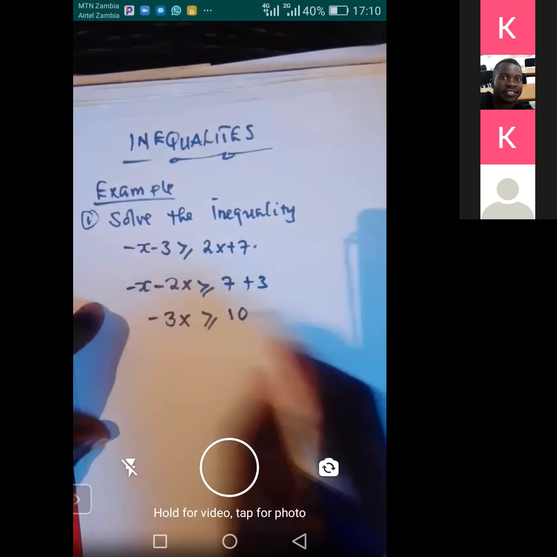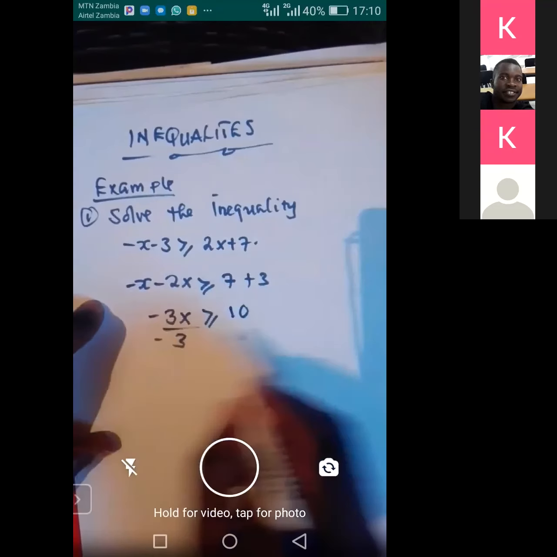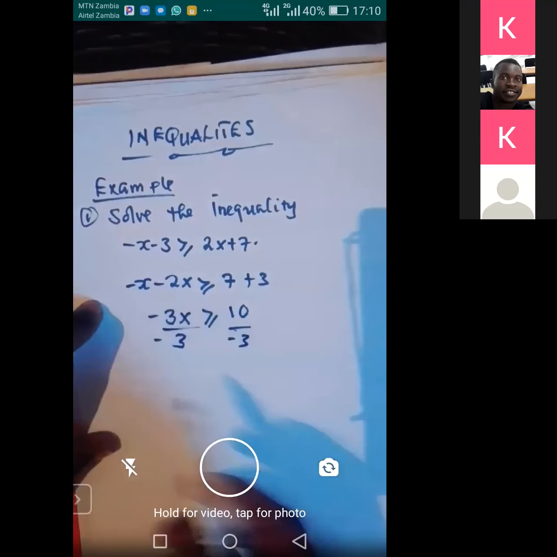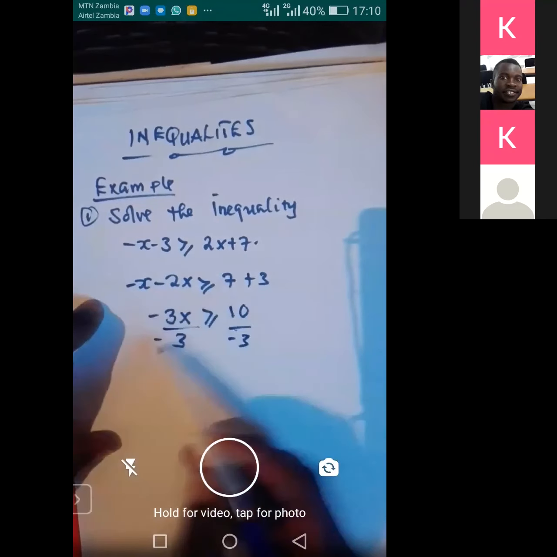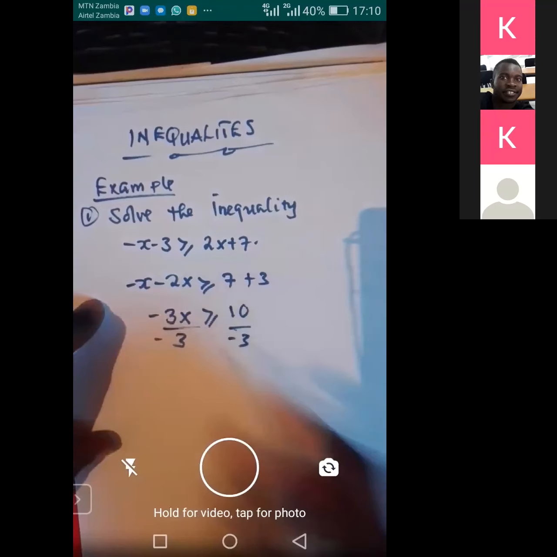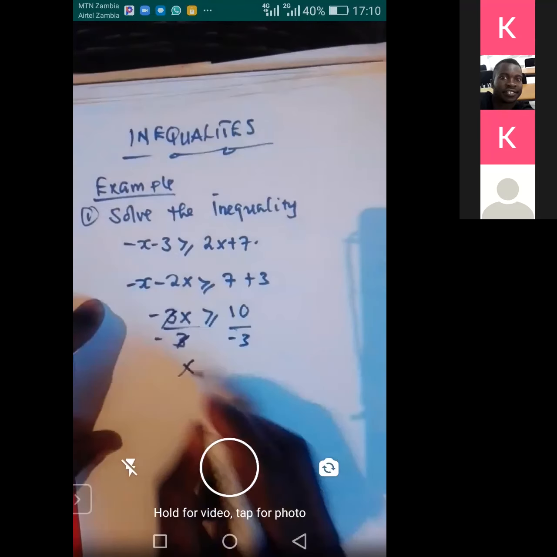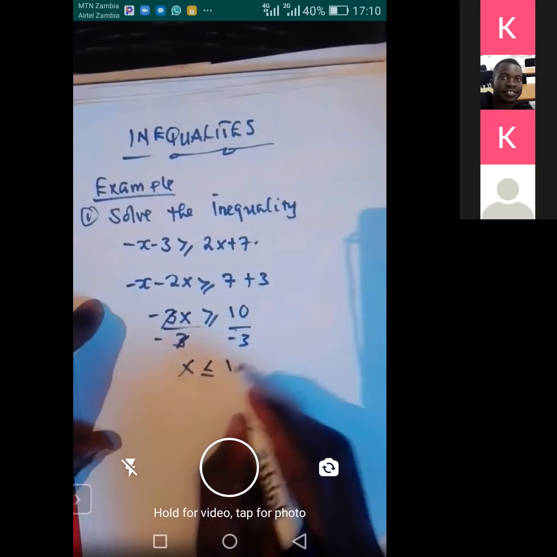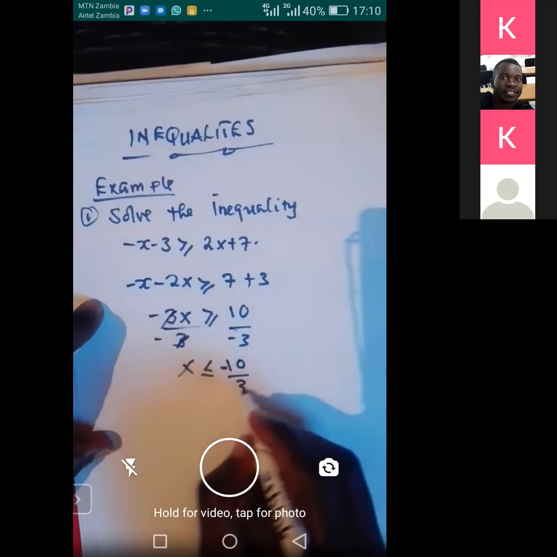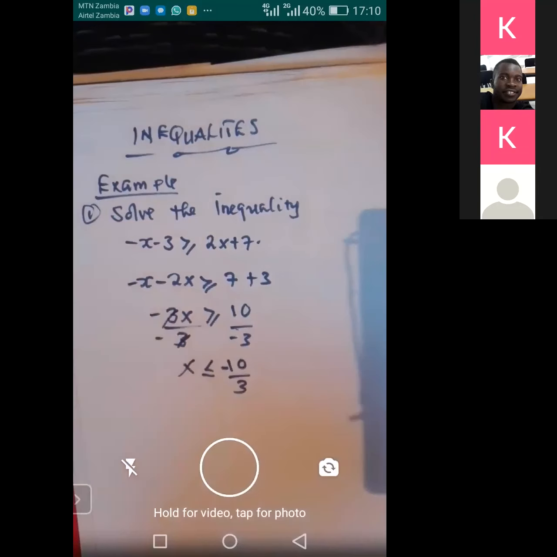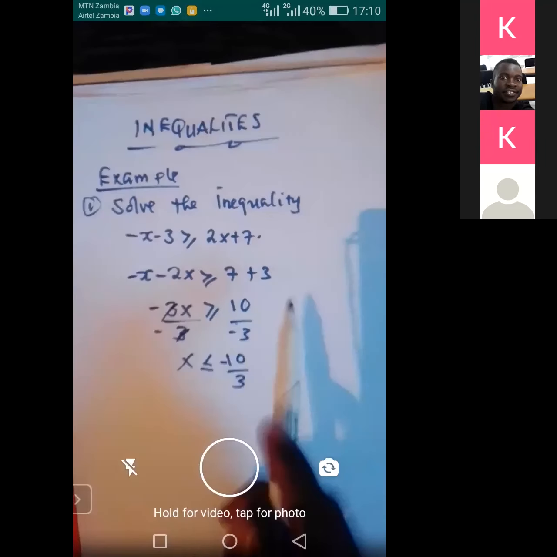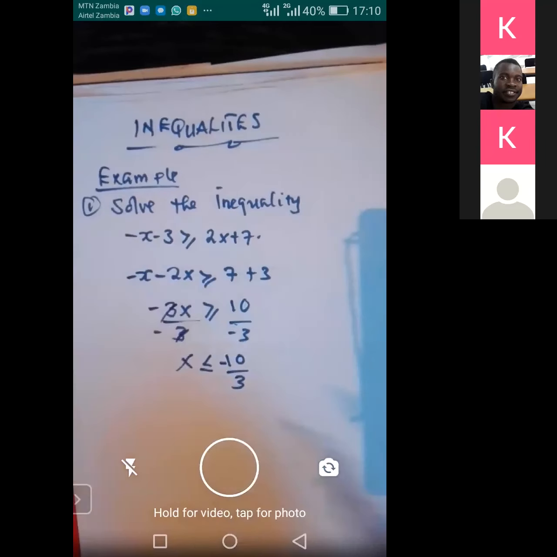Then we're going to divide both sides by minus 3. And I'm sure you know what happens to the sign when you divide both sides by a negative number. So you have that x is less or equal to minus 10 over 3. So that is the solution set for this inequality. This inequality is going to hold for all values of x such that they are less or equal to negative 10 over 3.